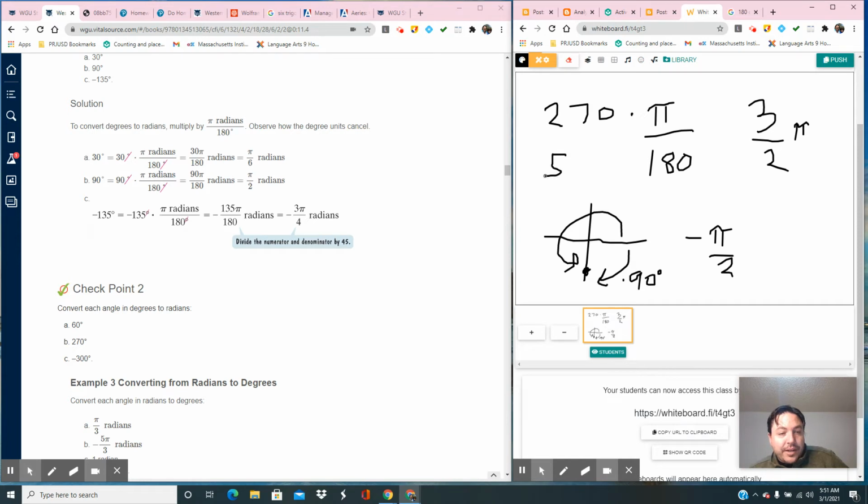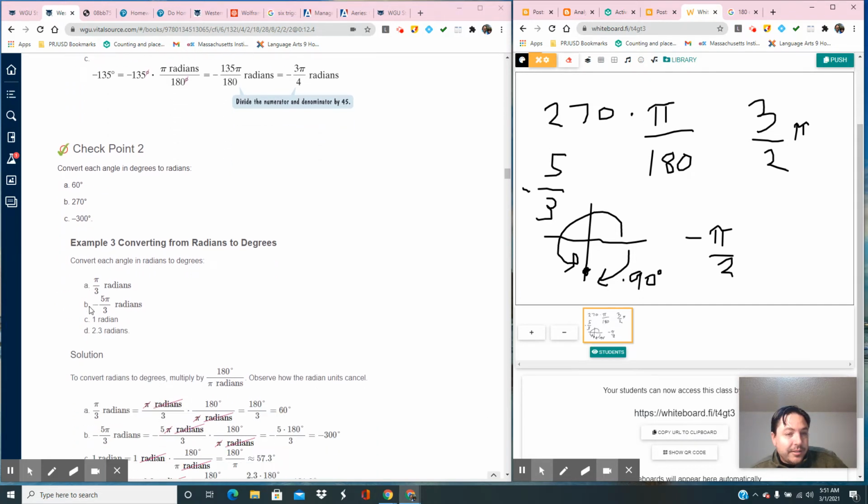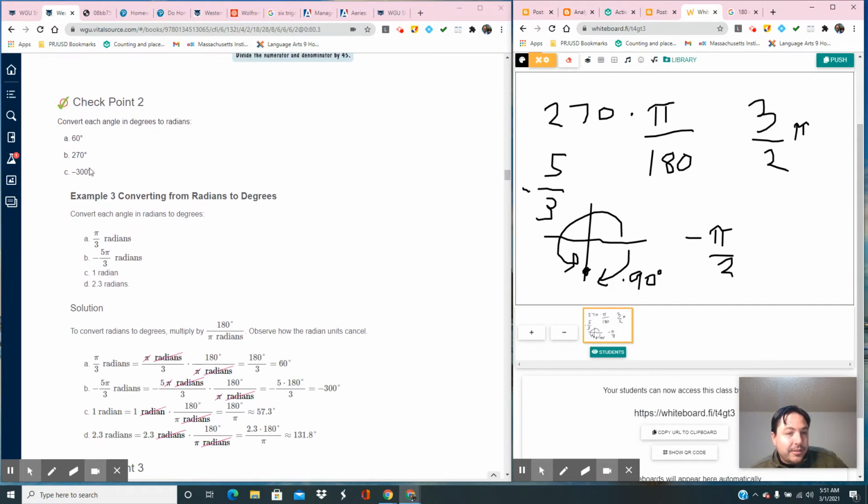Well, that gives us our 5. That gives us our negative 5 over 3. This one's C here. That gives us that. That's interesting. Negative 300 degrees is negative 5 over 3 radians.